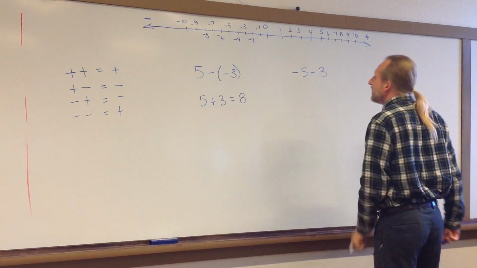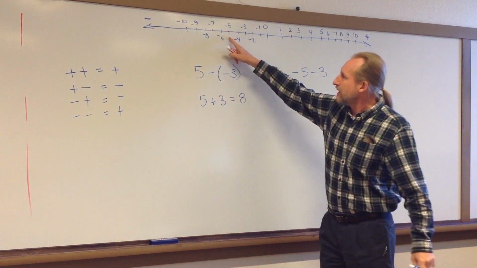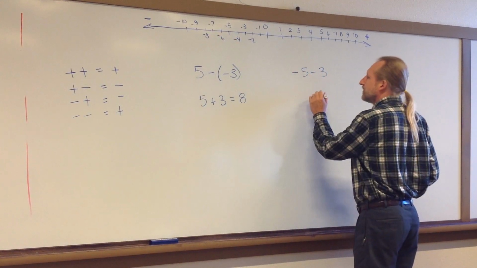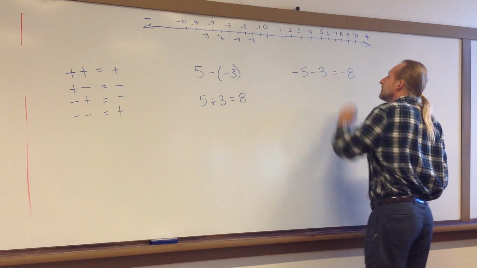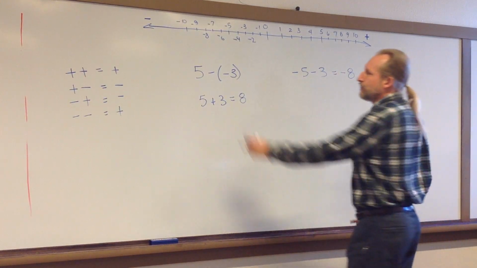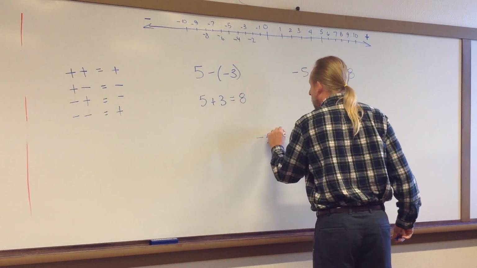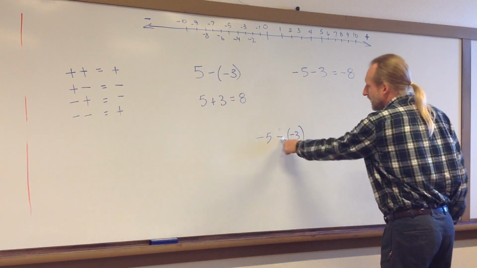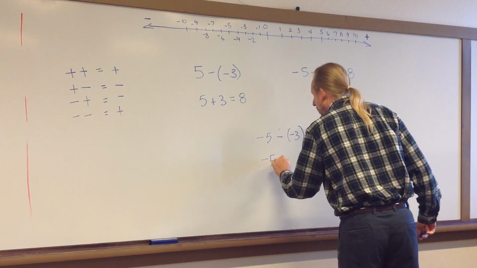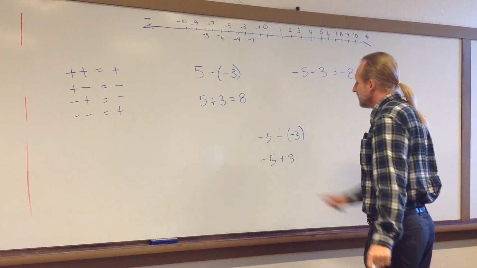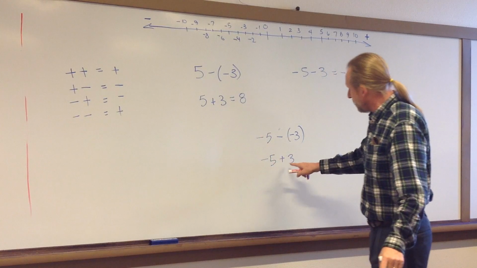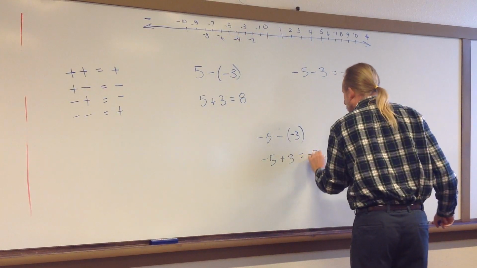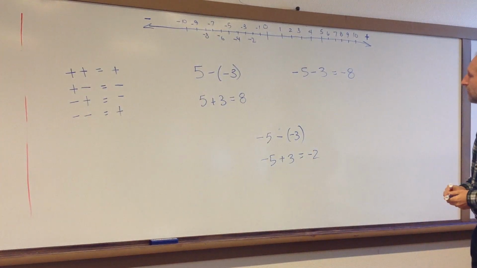This one, negative 5 minus 3, starts you out at the negative 5, and then takes you 3 spaces further out to negative 8. Well, what if we did negative 5 minus negative 3? Well again, this minus and minus turn into a plus, and this says go out to negative 5 and go to the right 1, 2, 3 places, and that'll be negative 2.